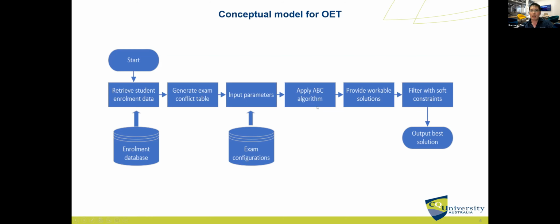After that, I will apply the ABC algorithm, which is the artificial bee colony algorithm. After running this algorithm, a group of workable solutions will be output. And then a filter related to the soft constraints will be applied to those solutions to find out the best solution. That is the model.